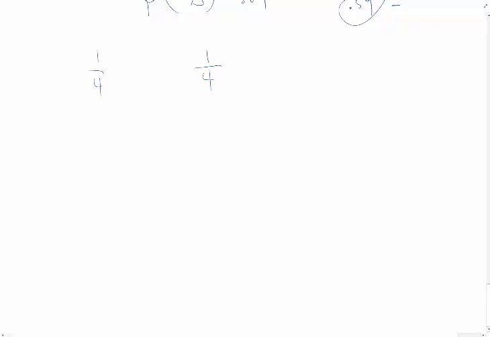So how do you figure that out, right? So here's you win, here's you lose, you lose, you lose. So in this case, you win and your brother has the same odds, so your brother would lose, lose, lose, and win.